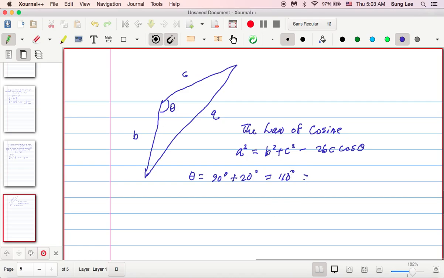I am going to use radians, so you can easily convert it, knowing that 1 degree equals pi over 180 radians. So that's going to be 11 pi over 18 radians.